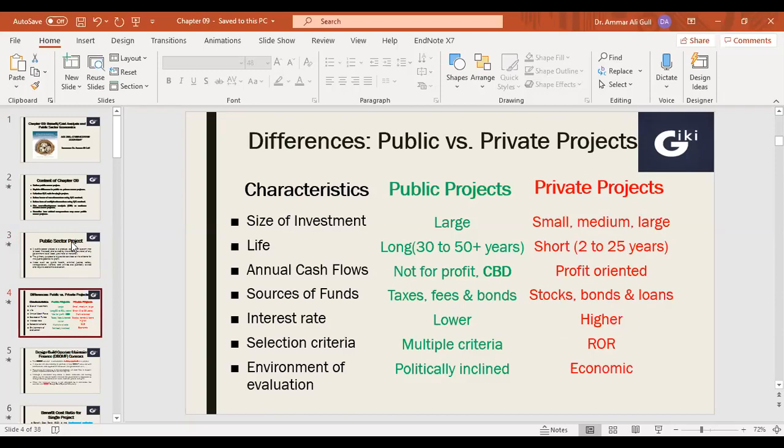So we need to consider multiple criteria rather than just focusing on economic criteria like benefit cost analysis or rate of return analysis. But on the other hand, in case of private projects, companies or evaluators only need to focus on economic criteria.